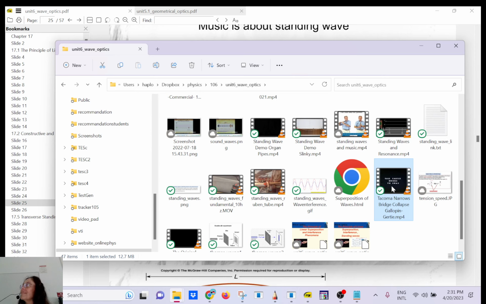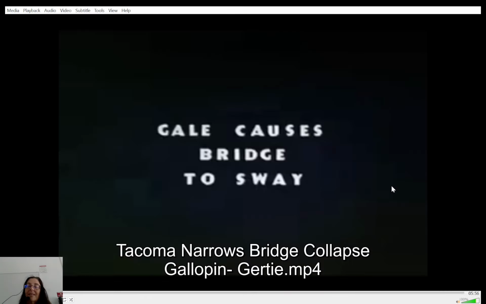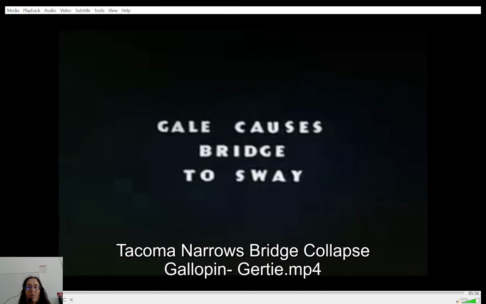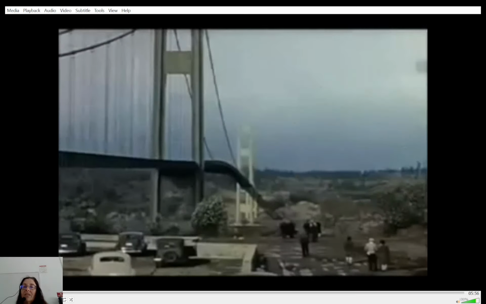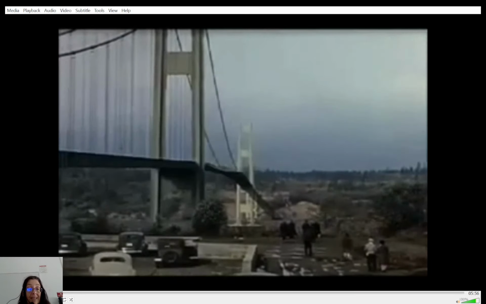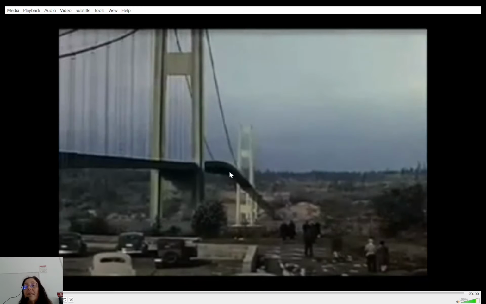This is also resonance. So the best example we always give students happened, I think it was during World War II, in Washington State. They had just built a brand new bridge in Tacoma. It was called the Tacoma Bridge. And the engineers, I guess they skipped physics 2054 and they forgot about resonance.